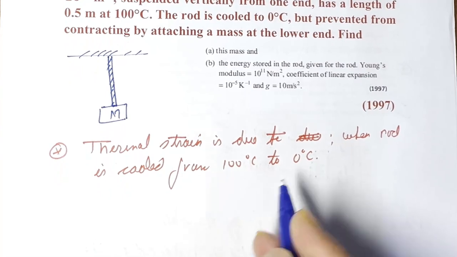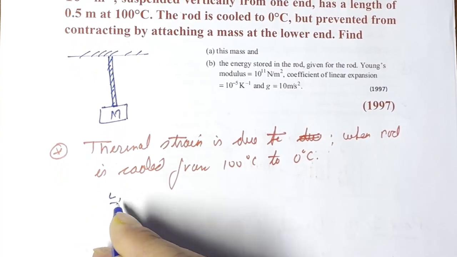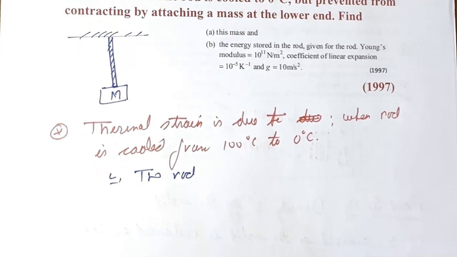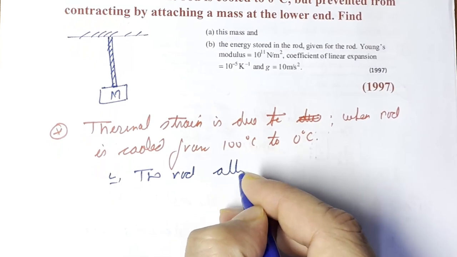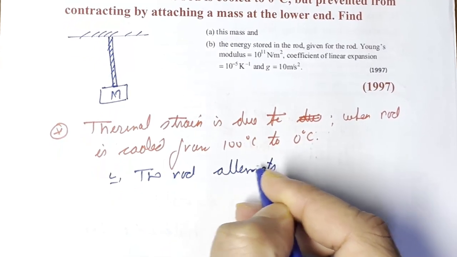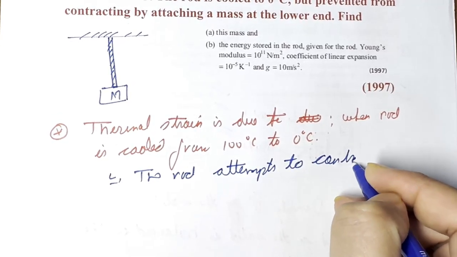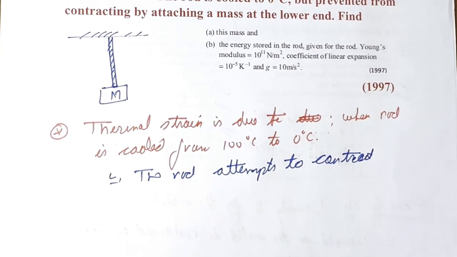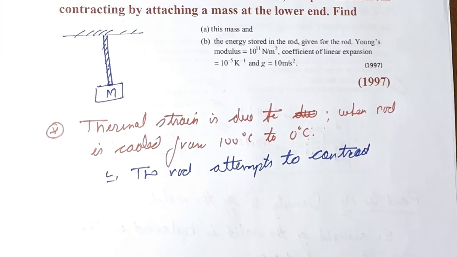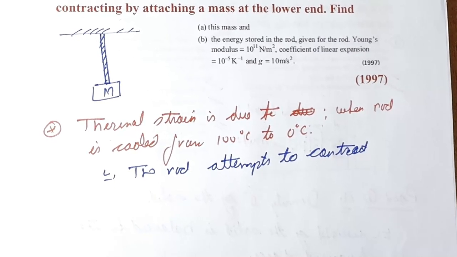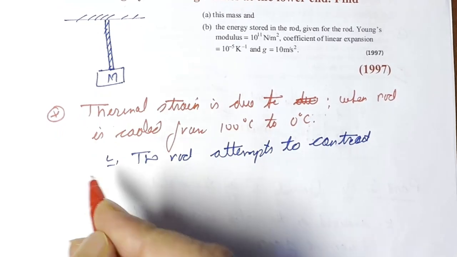Because of this cooling, the rod attempts to contract, but the contraction is prevented by the mass connected to the lower end.